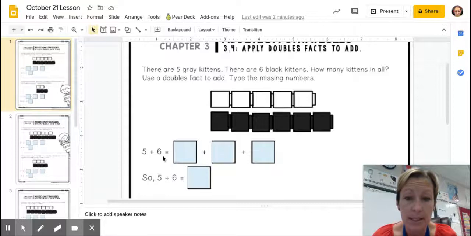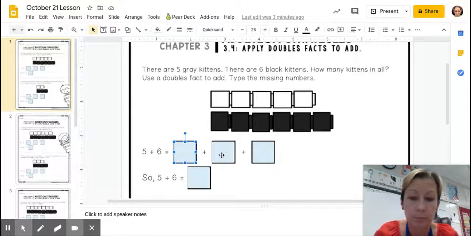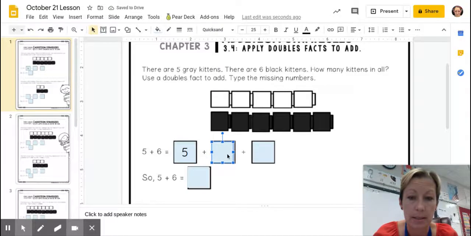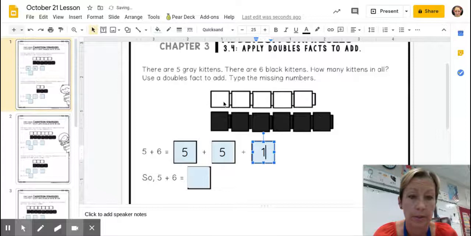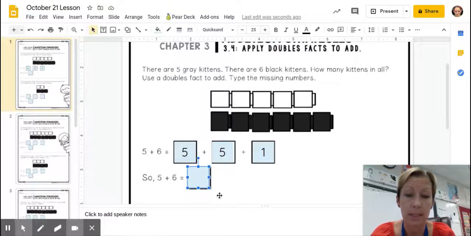Okay, so 5 plus 6 is the same as, we're going to double that first number, which is 5 plus 5, because we're doubling it, okay, plus 1 more. 5 plus 5 plus 1 more. What's 5 plus 5? 10. 1 more makes 11. So 5 plus 6 is 11.